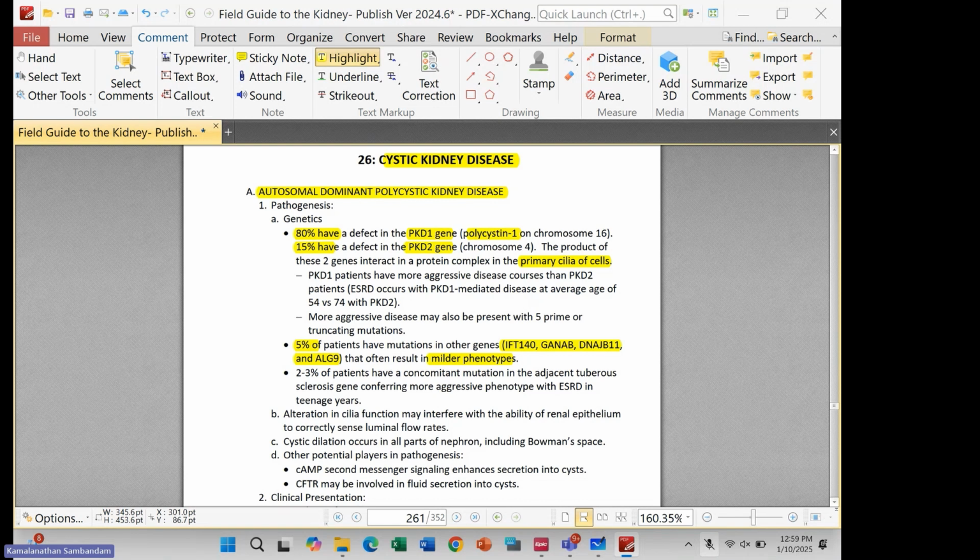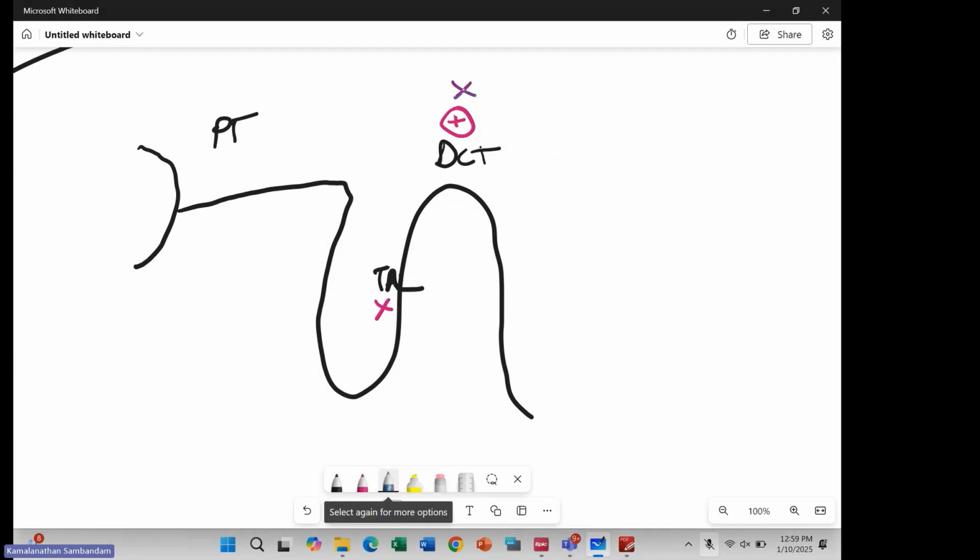Okay, essentially all epithelial cells have these primary cilia. And you can have dysregulation in cell division throughout the entire nephron unit, okay, from Bowman's capsule to the deep medulla.